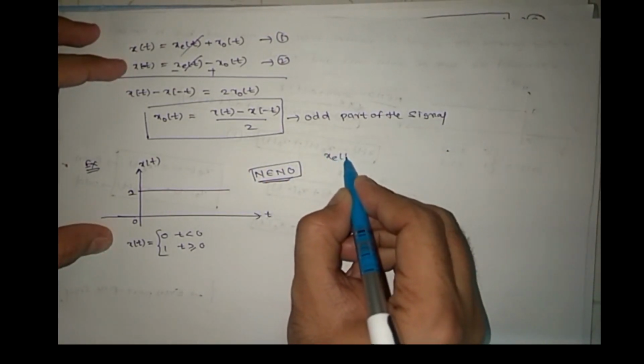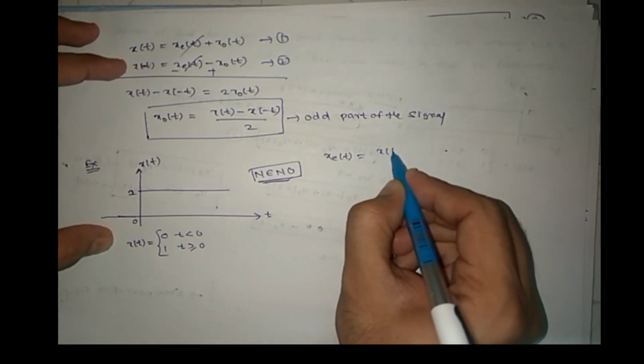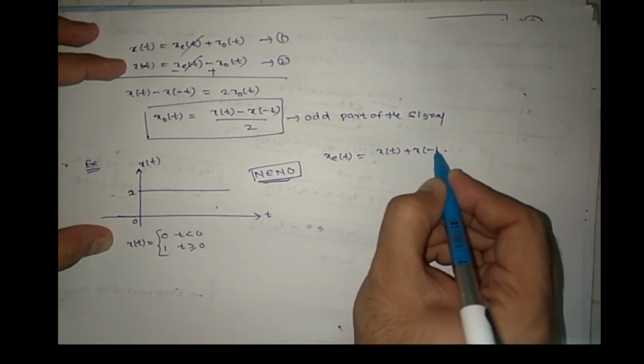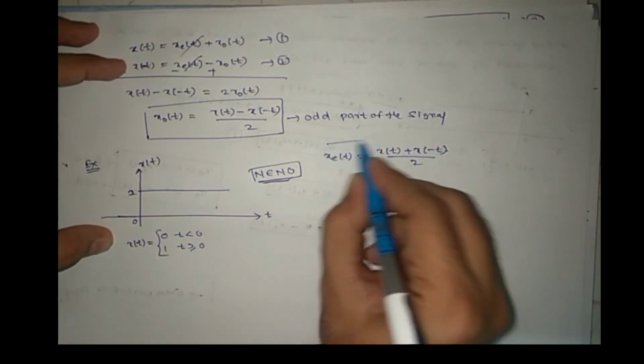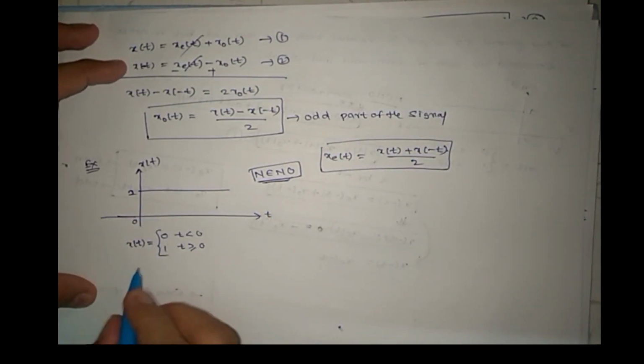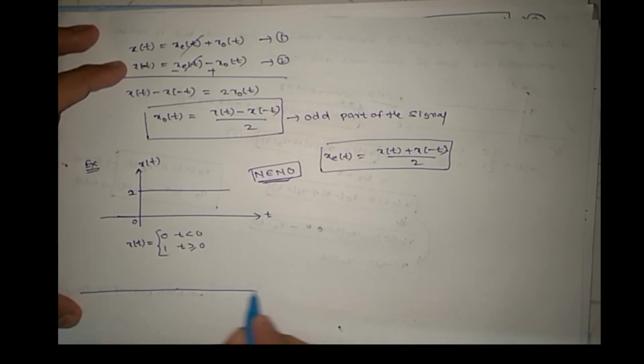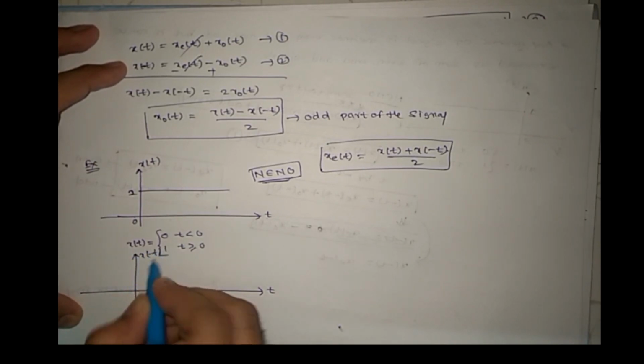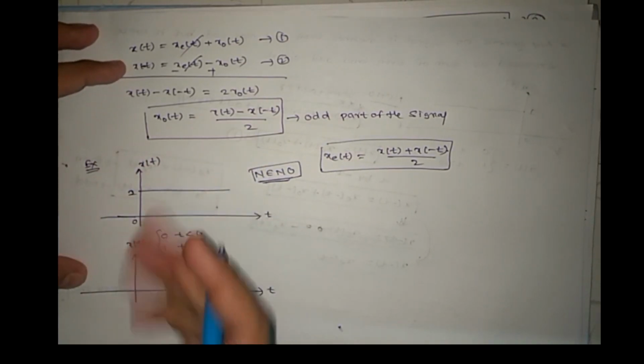How will you find the even part of the signal? We know x even of t is x of t plus x of minus t by 2. So let us find x of t, this one. x of minus t, what will come? Exactly the time reversal, so it is the mirror image with respect to the y-axis.